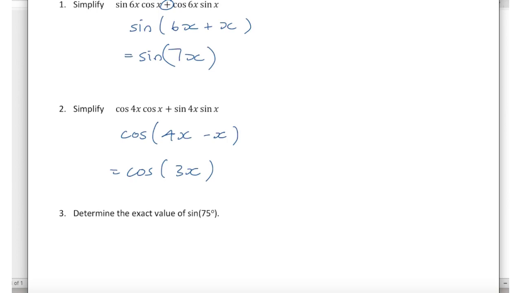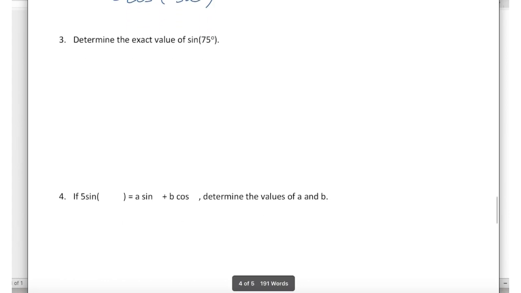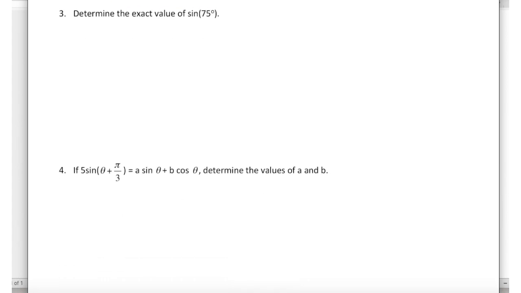But here's the reason why we can use these identities. If we have a look at question 3, it says determine the exact value of sine 75. Now in our minds, 75 is not a beautiful exact value that we know, not like sine 30 is a half, or sine 60 is root 3 on 2, or sine 45 is root 2 on 2. But what we can do is use that identity to break down 75 into ones that we know.